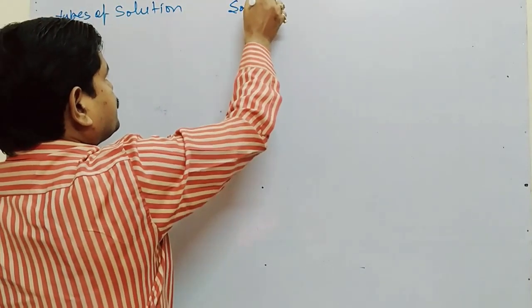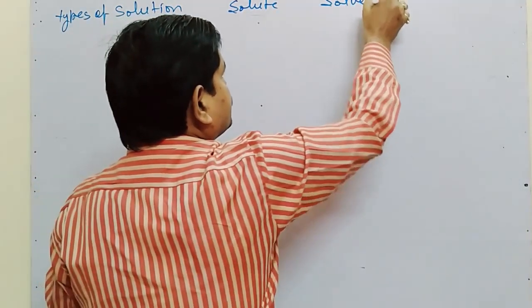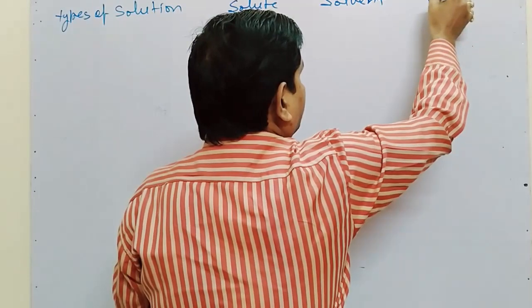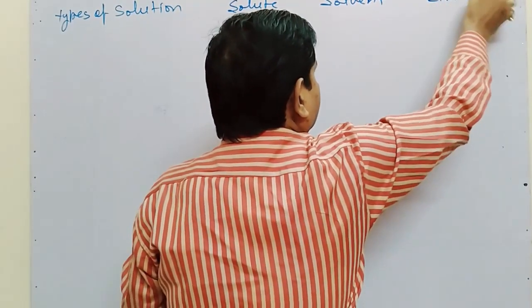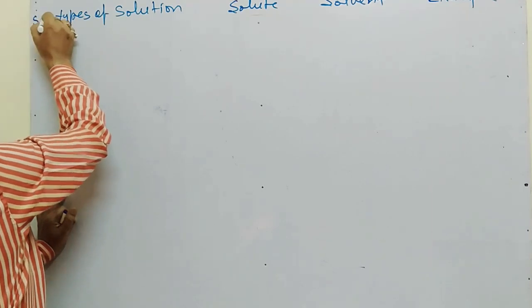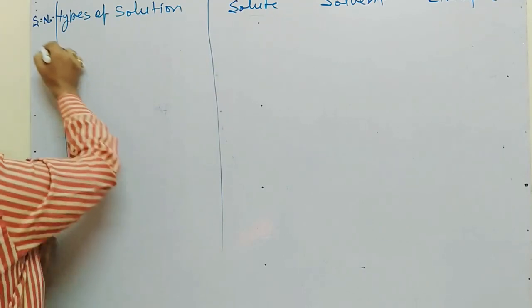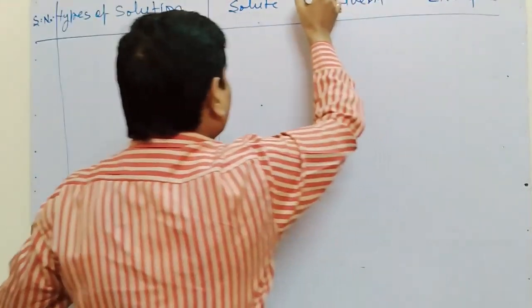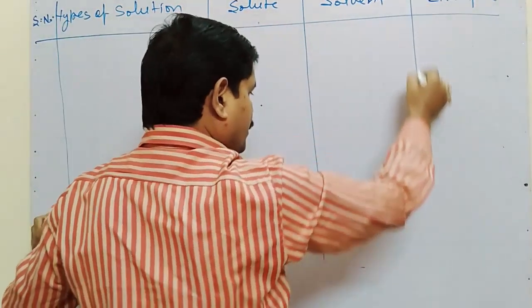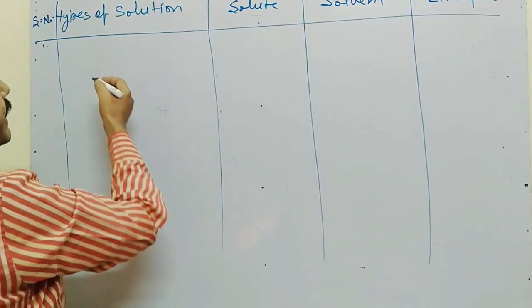Here we write the type of solution, solute, solvent and example, with a serial number. The first type is gaseous solution.